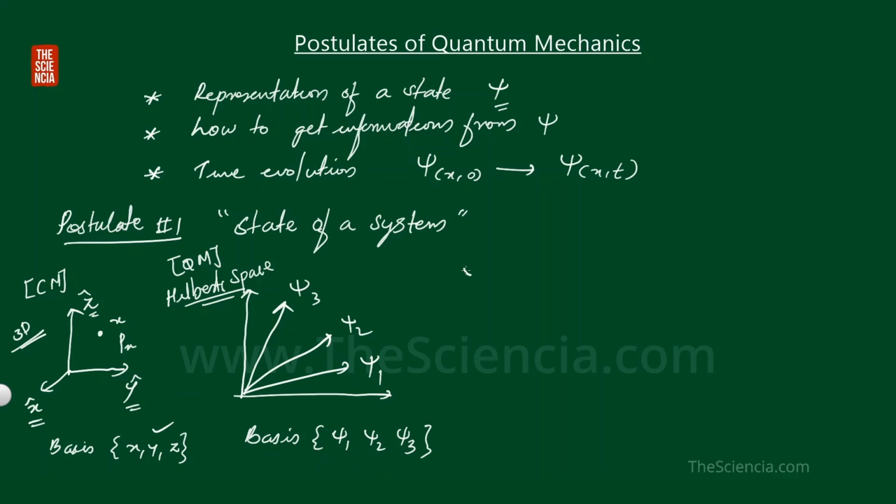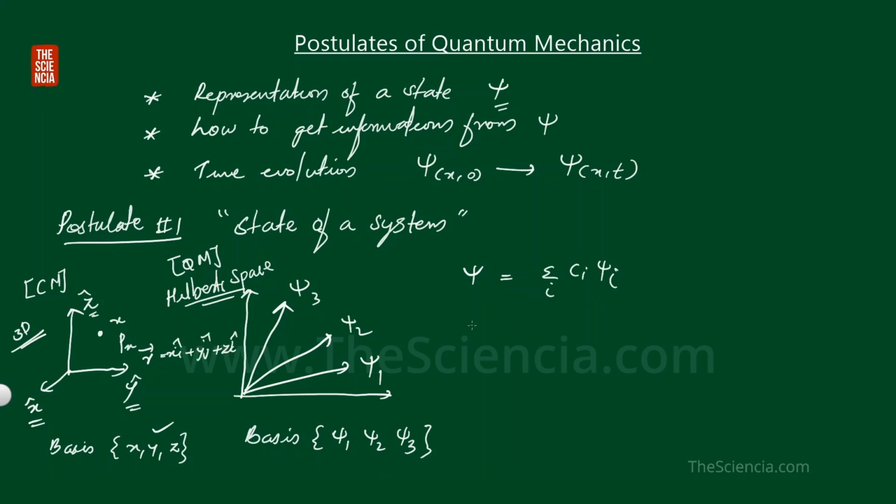So a state can be spanned by a combination of these basis states, that is Ci psi i. It is similar to a vector, that is the r vector in a Cartesian coordinate system, that is x i cap plus y j cap plus z k cap.